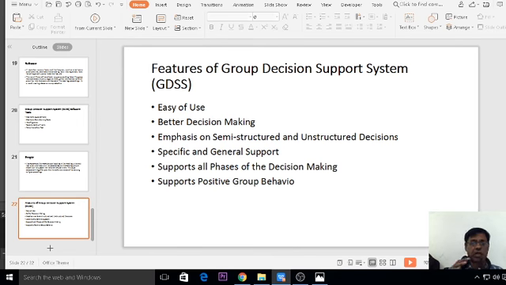Features of group decision support system. What are the different features? The key features are ease of use, better decision making, emphasis on semi-structured and unstructured decisions, specific and general support, supports all phases of the decision making, and supports positive group behavior.